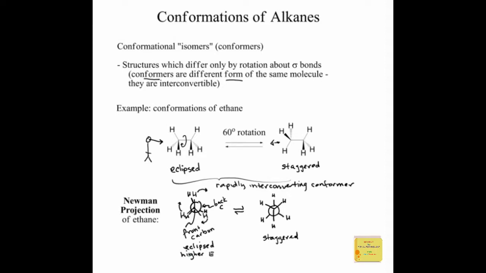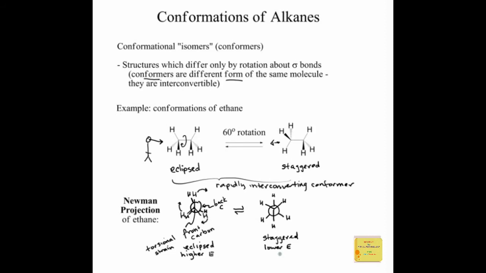We call that torsional strain. When those groups are spread out, we have a staggered conformation, which is lower in energy. Okay, while the staggered conformation is lower in energy, again, this is just rapidly, freely rotating around quite easily.